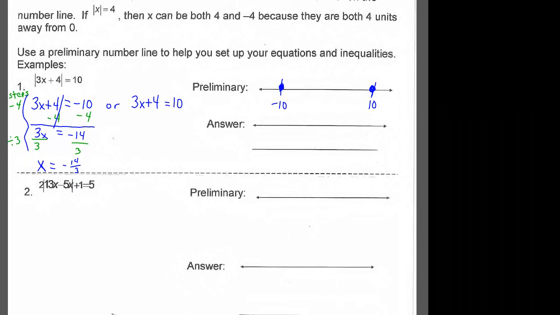In the second equation, 3x plus 4 is equal to 10. Again, you subtract 4 from both sides. 3x is equal to 6. Then divide both sides by 3. X is equal to 2. I have two answers.